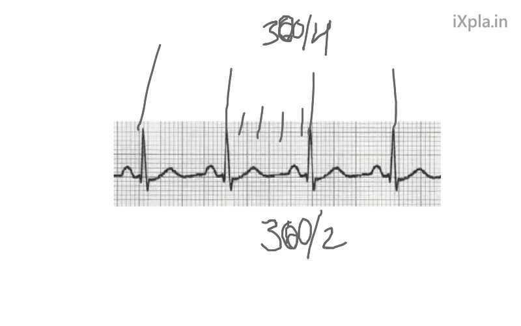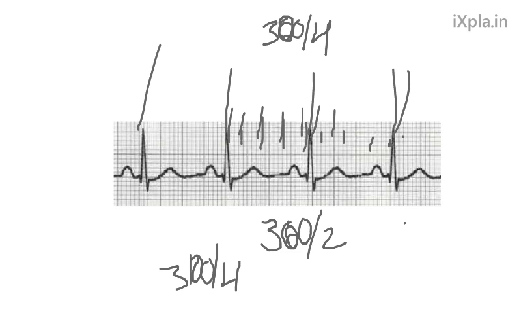So 300 divided by how many big boxes they have. In this instance, they're not going to be this perfect. This one's not really perfect, but let's say 3.5 boxes. So 300 divided by 3.5. This person's pulse is probably, let's see, 1, 2, 3, 4, 300 divided by 4. That's 75-ish. So this person is a normal sinus rhythm.